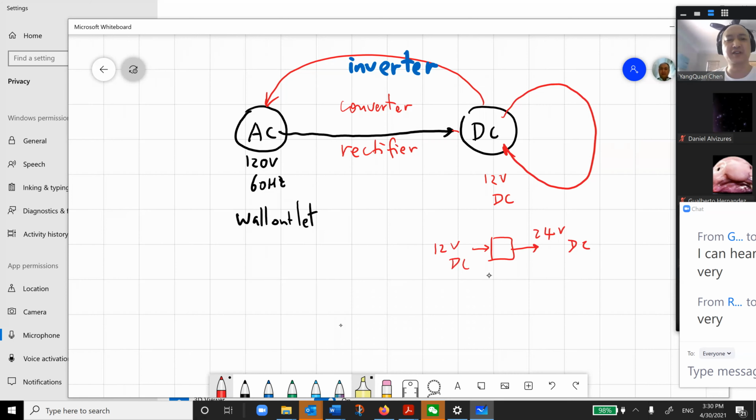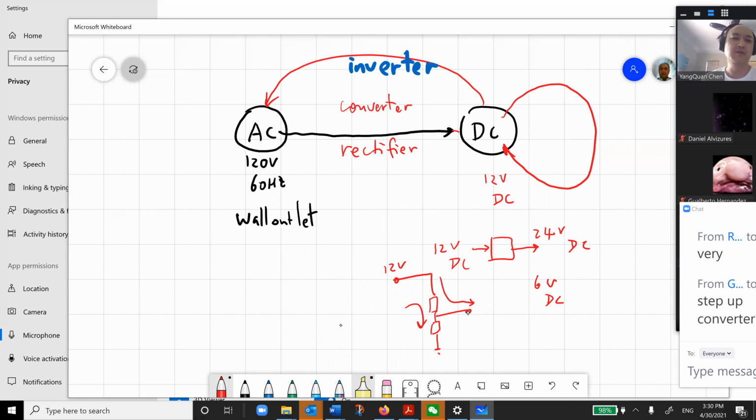But of course, stepping down is easy. 12 volt, you want to do a 6 volt DC. You can use a voltage divider, right? But in a voltage divider, you always have current flowing in this one. So you have 12 volt in here. So you're stepping down, if we do this, then you have load effect.